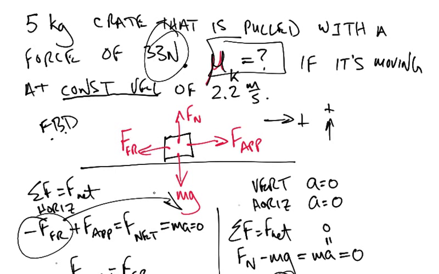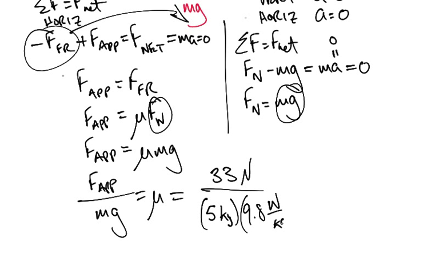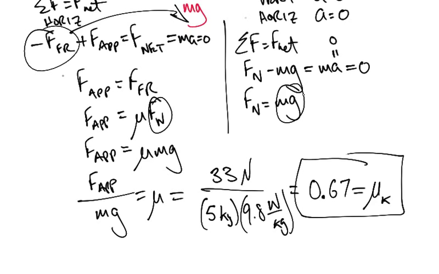Divided by, I believe it was 5 kilograms times 9.8 newtons per kilogram. And we get an answer of 0.67, which is equal to mu k. And that's our final answer.